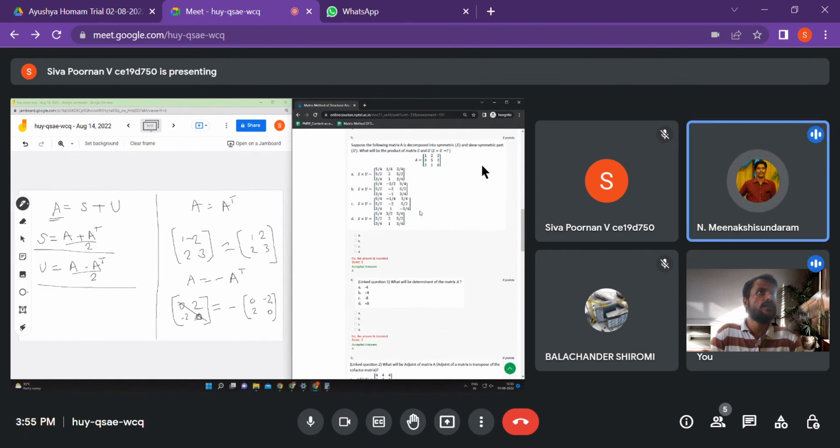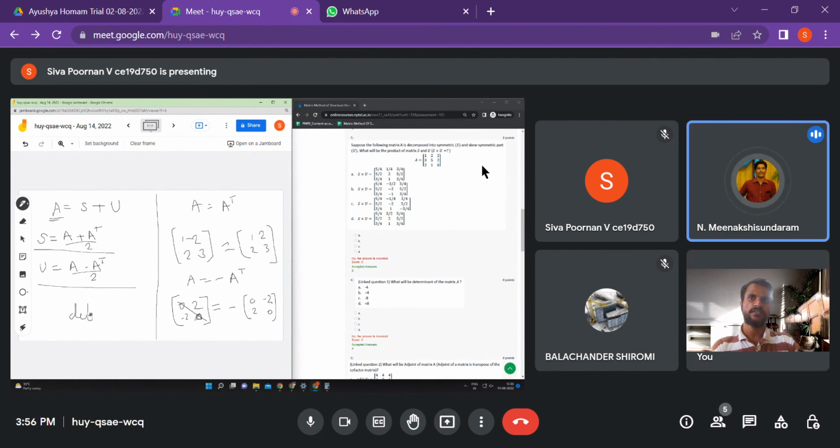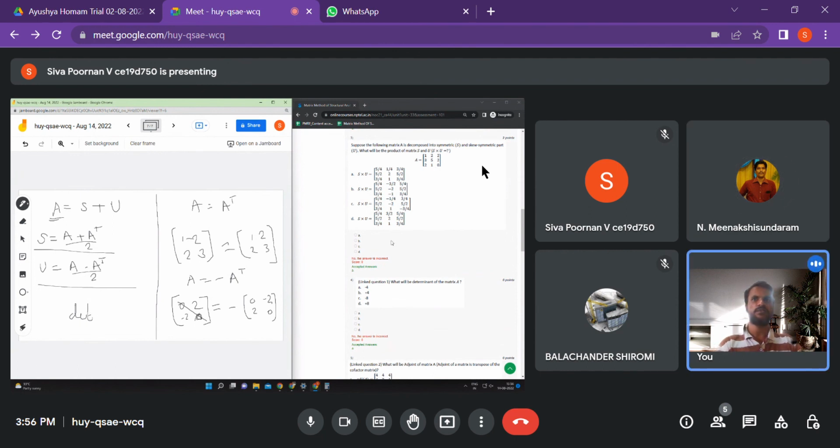Oh, I think this is just a previous question. Okay. A linked question means just linked to the previous question. And we can just find the determinant of it. The determinant, I think, is known to all of us. So we just find the determinant of this matrix. In MATLAB also you can just find it using det. So the determinant should be findable.